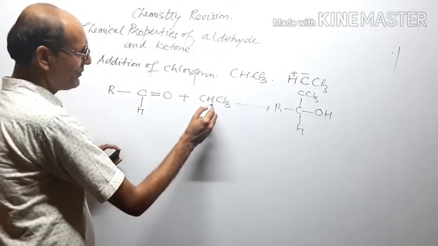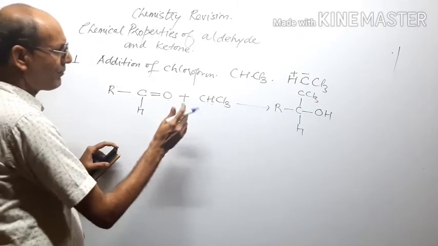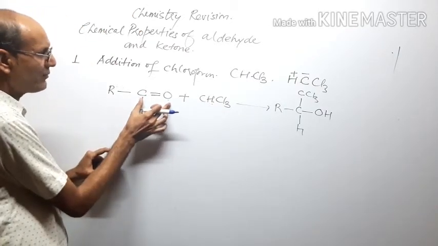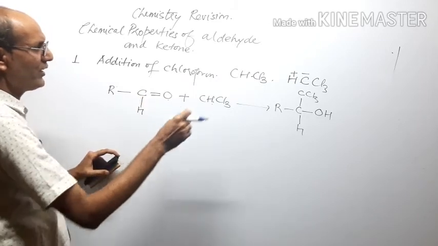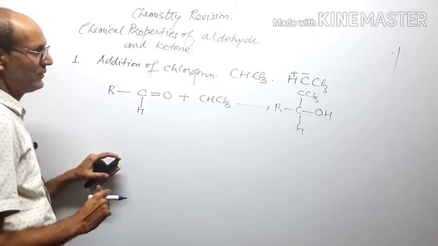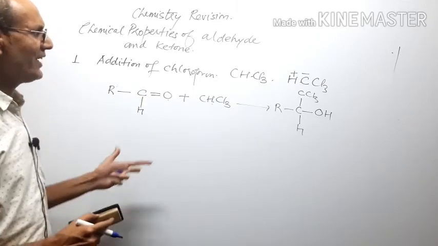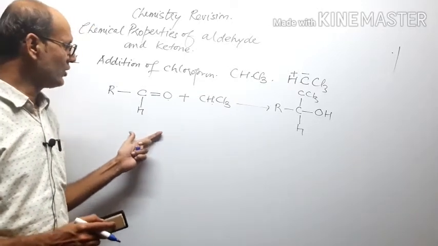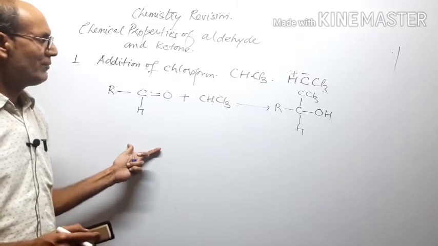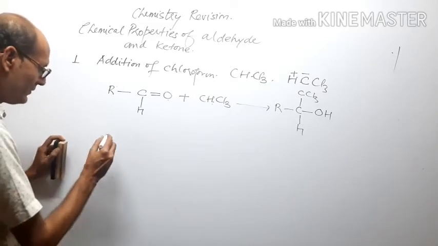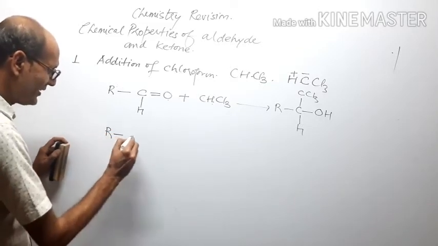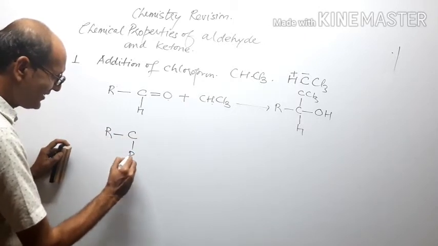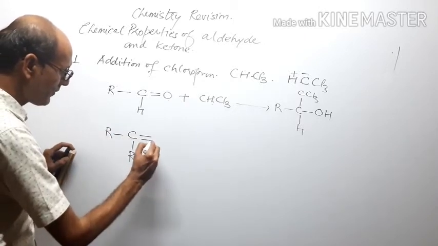This H will be attached here and the bond between the carbon and oxygen will be converted into a single bond. In case of aldehyde, this reaction will be faster in comparison to the ketone, but the reaction will be similar to aldehyde. I am writing the example for the ketone.